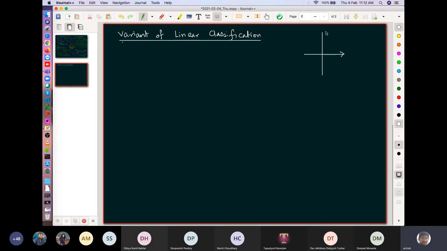Suppose I have x1 and x2, and suppose my data are like this. So your input matrix would have 1 as the mandatory x0 and your attributes x1 and x2. However, no line separates them.